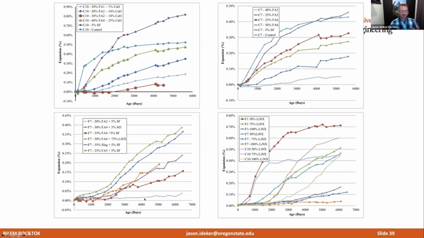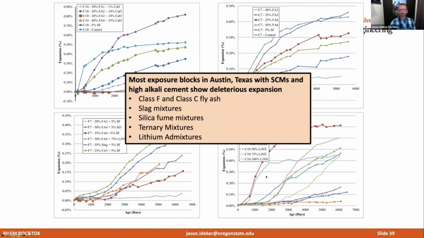You can see in the lower left-hand side, a ternary blend of 20% fly ash plus 5% silica fume is really giving the best prevention for this particular fine aggregate in this case. But you can start to see that even after 6,000 days, we're starting to see some expansion in those blocks. Now, certainly the amount of expansion is much less than the control for this particular case, but you can see that a lot of the other preventive measures are expanding quite a bit, and this is a real concern.